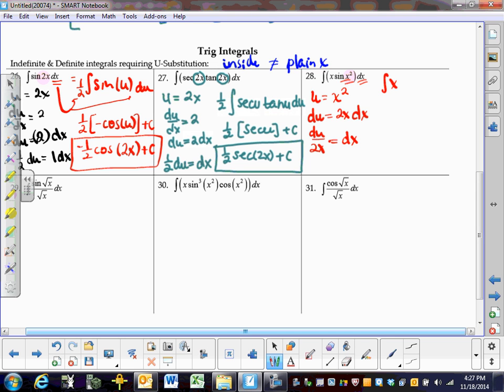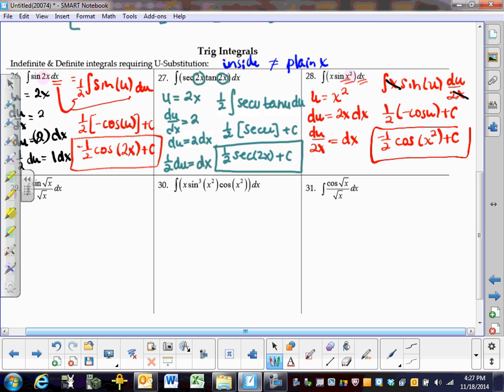So I'm going to keep the x. It's going to be sine of u now. And dx is du over 2x. So fortunately, that x part cancels. And so I really just have a half. Going backwards, sine is negative cosine u plus c. So I have negative 1/2 cosine, getting back together with our x because we don't have limits. We just keep taking the x back.